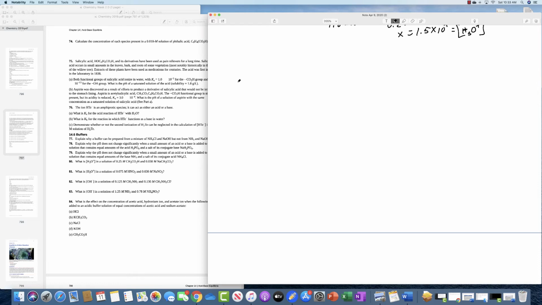First of all, we're starting with a buffer solution, an acetic acid acetate buffer, and this is what happens in this solution.